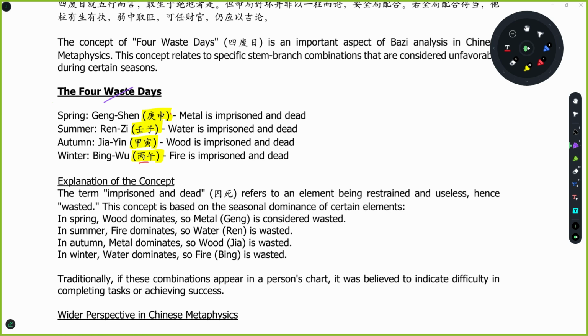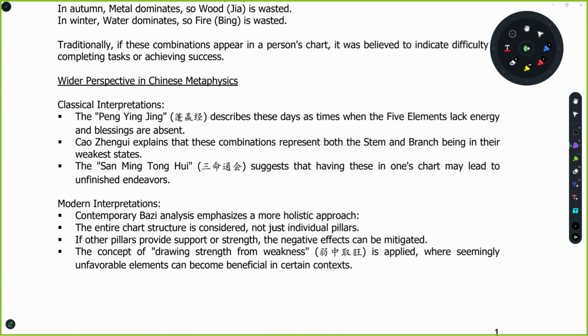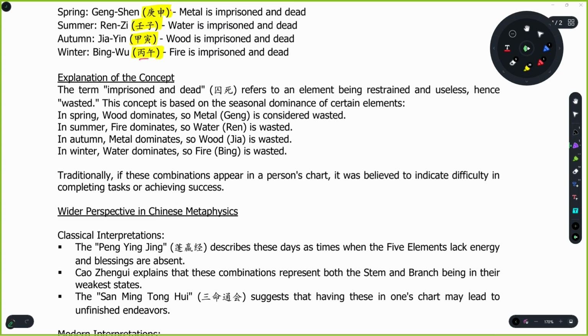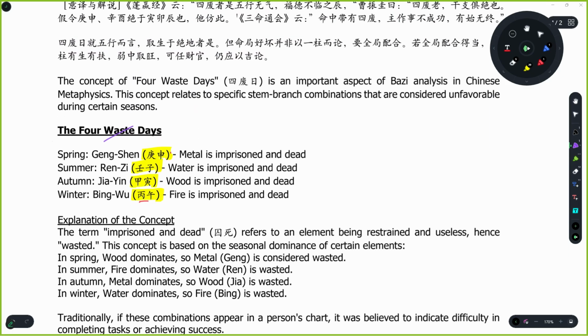So when we talk about rooting, unrooted, or all these so-called waste days, it actually means the same thing. But over the decades and centuries, we have refined it. Therefore, it saved us the great effort of memorizing specific pillars.